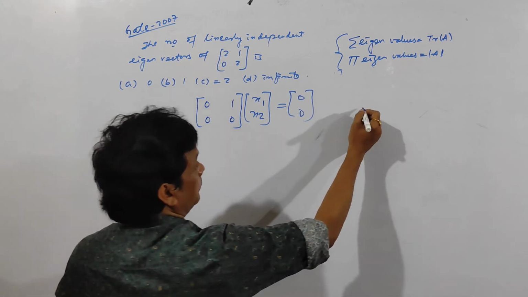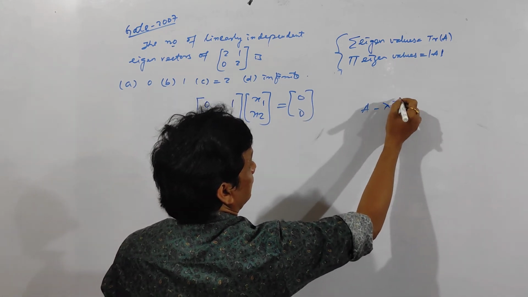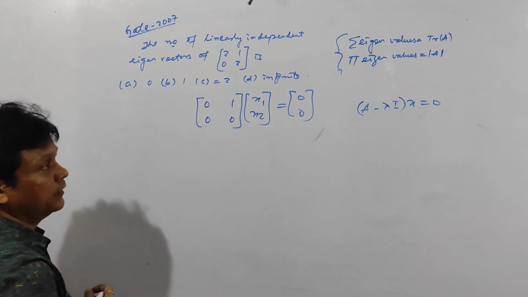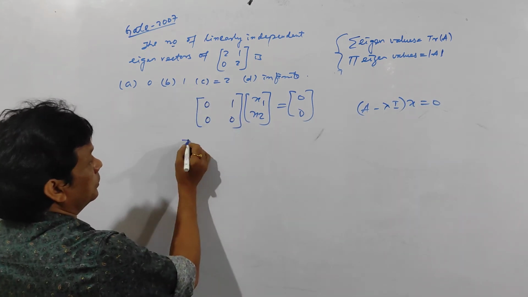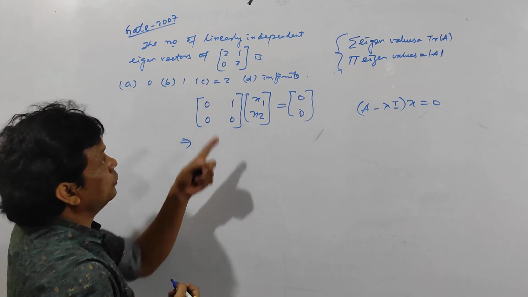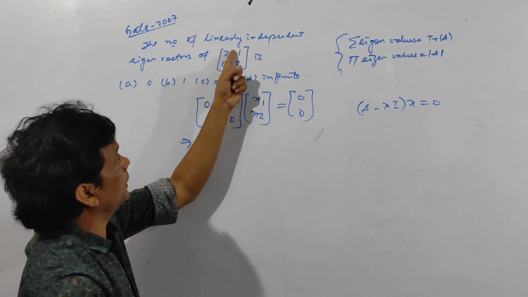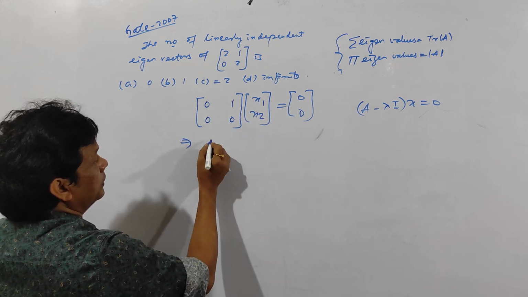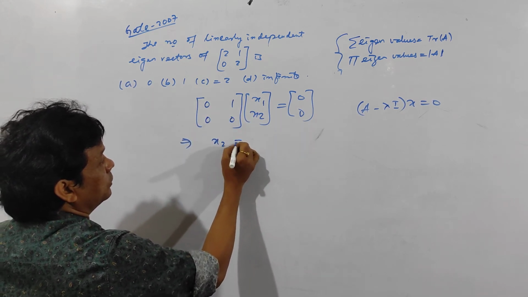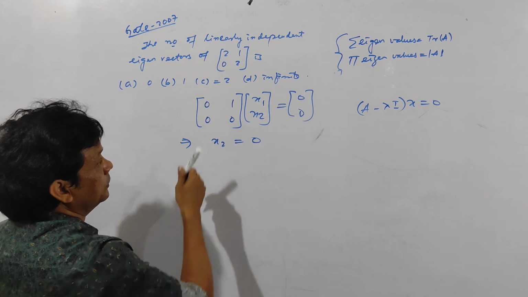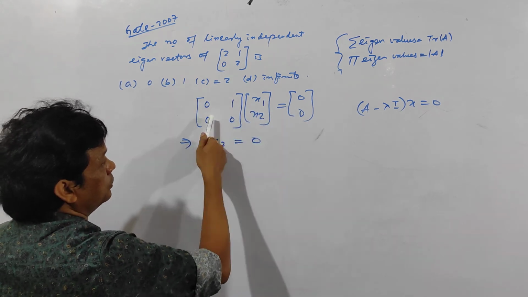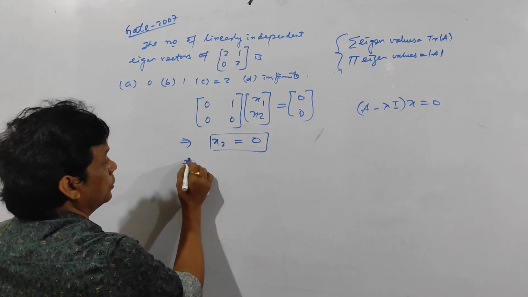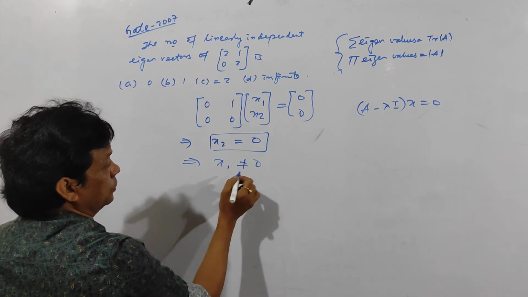The formula is (A minus lambda I) into x is equal to the zero matrix. Here lambda is 2, so I have put 2, so 2 minus 2 is 0, 2 minus 2 is 0. So simply x2 is equal to 0. 0 into x1 plus 1 into x2 is equal to 0, 0 into x1 plus 0 into x2 is equal to 0. Since x2 is equal to 0, x1 is not equal to 0.